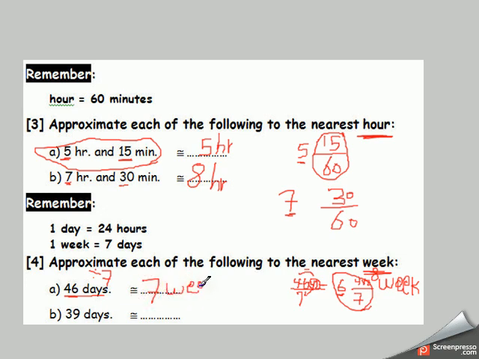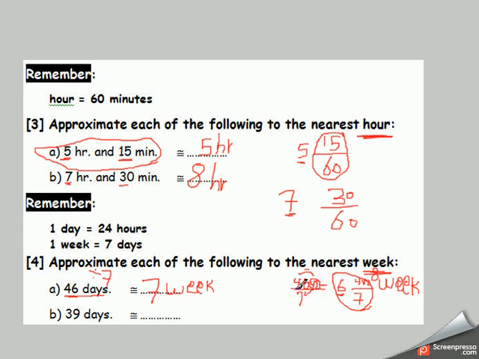Excellent. Again, when I approximate to the nearest week, I should convert the days to weeks. How can I do that? I will divide 46 over 7 and convert the improper fraction to a mixed number. I search for the number less than 46 and divisible by 7. 42, it is this number. 42 divided by 7 equals 6.